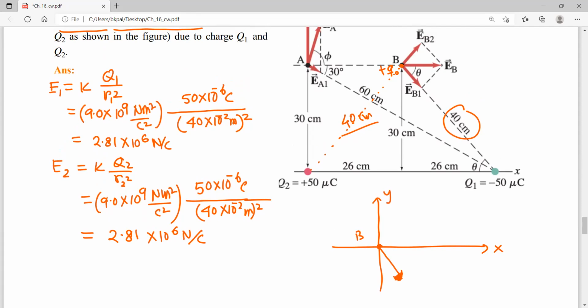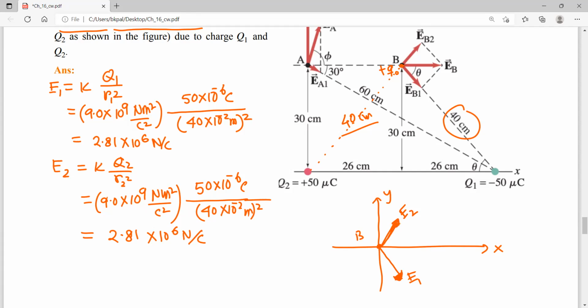So E1 direction will be this one, and then due to Q2 it will move in this direction, because Q0 and Q2 both are positive. Positive charges repel each other, so Q0 will move in this direction.